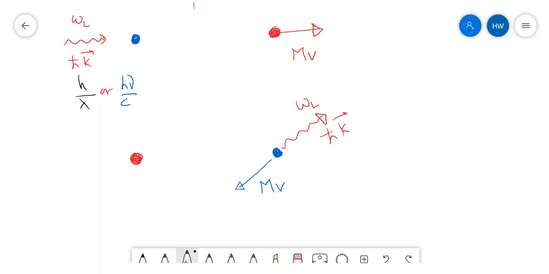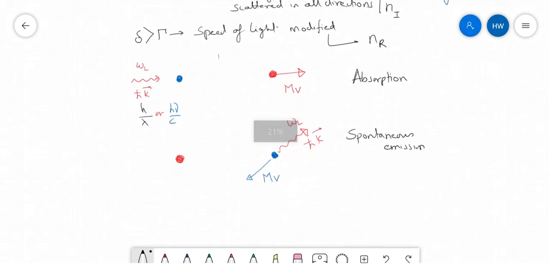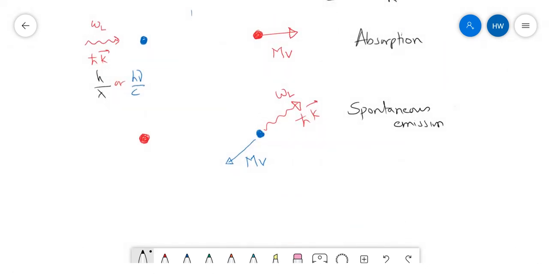So you see, this is precisely what is happening in the process of absorption, and this is what is happening in the process of spontaneous emission. Now you can clearly see, if you want to look at the internal degrees of freedom, that here the electron was in the ground state before absorption. At the end of the process, the electron is in the excited state.